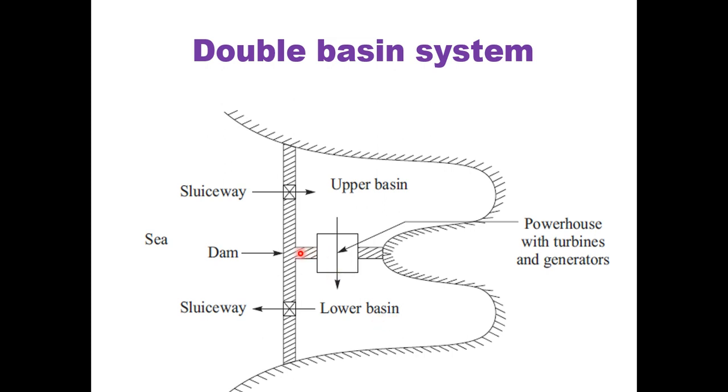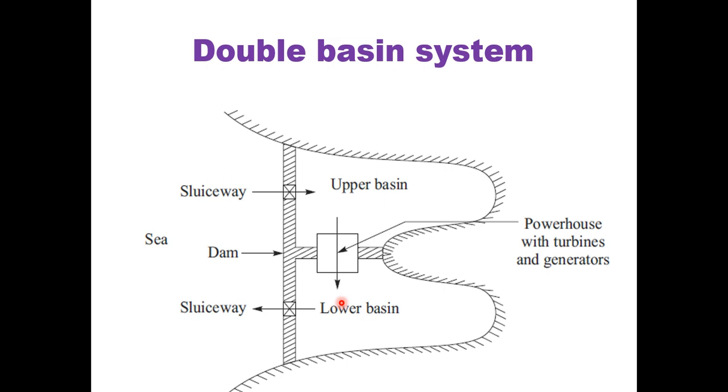This is a dam over here, dividing a bigger basin into two basins, but the upper one has a higher area compared to the lower one. So this is one dam and this is another one, but the turbine is not installed over here. Instead, the turbines are installed over here, that is the TG set.